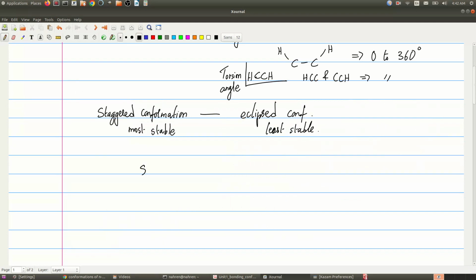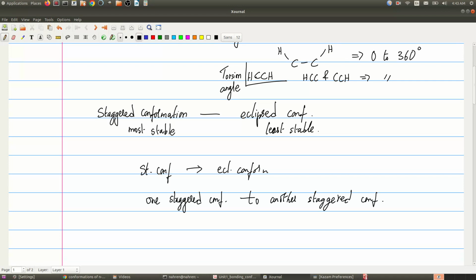Now, to go from a staggered conformation to an eclipsed conformation, or to go from one staggered conformation to another staggered conformation, ethane has to pass through an eclipsed conformation.